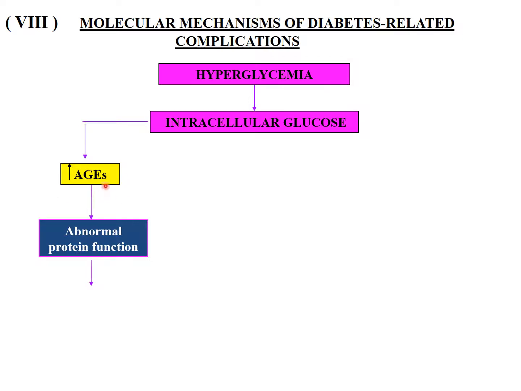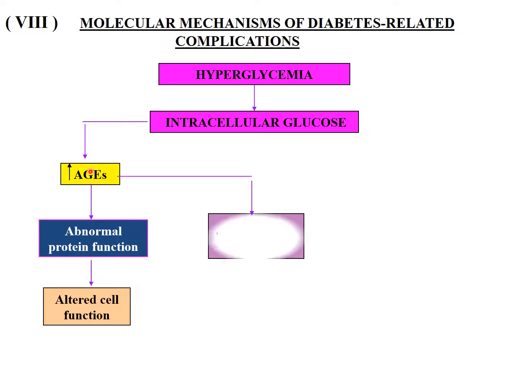So these glucose and glucose-containing proteins start damaging the proteins on various tissues. It can be renal tissue, nerve tissue, or whatever tissue. So this advanced glycated end product starts damaging various proteins on various tissues, changing their functions and damaging the tissues.